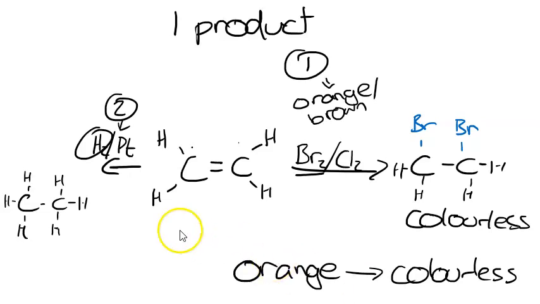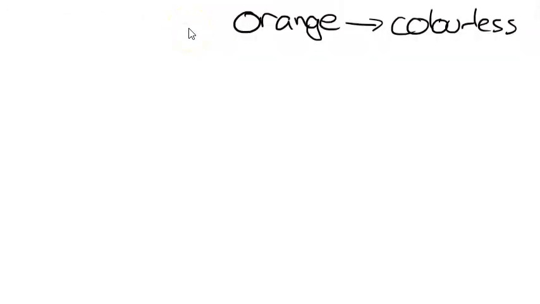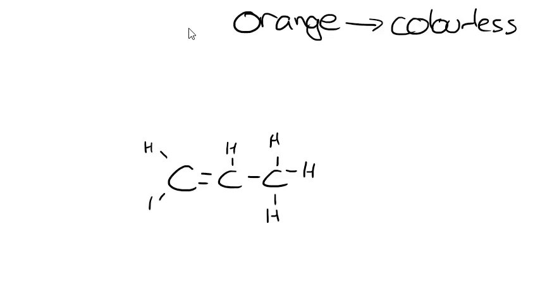The next type of reactions can give two different products. And so that can only happen though if we have got an asymmetric alkene. So that means that we've got an alkene that has a double bond, and each carbon on either side of the double bond has a different number of hydrogens attached to it.